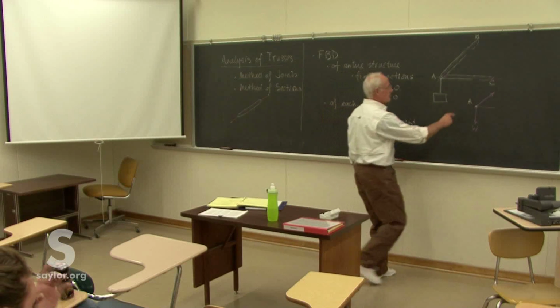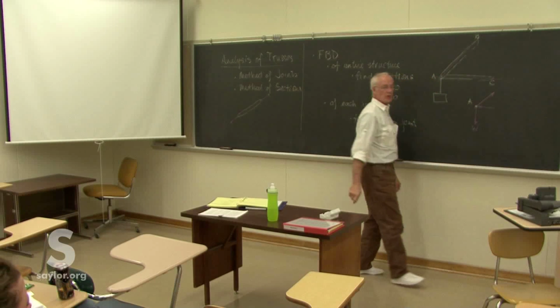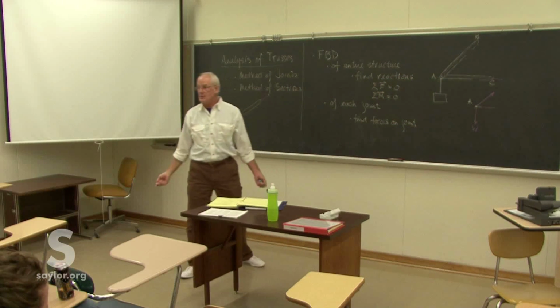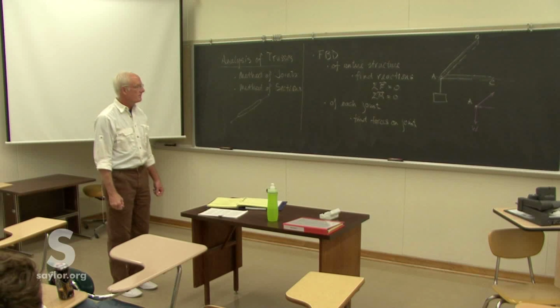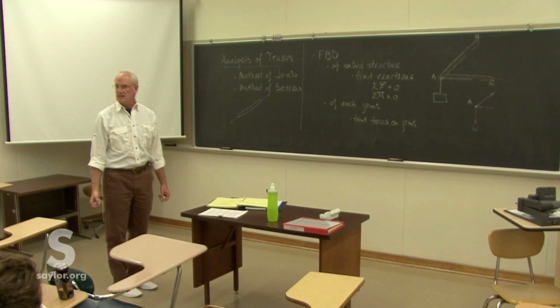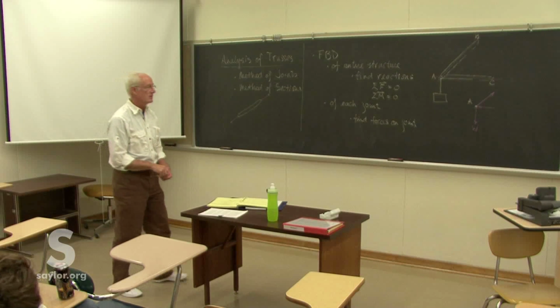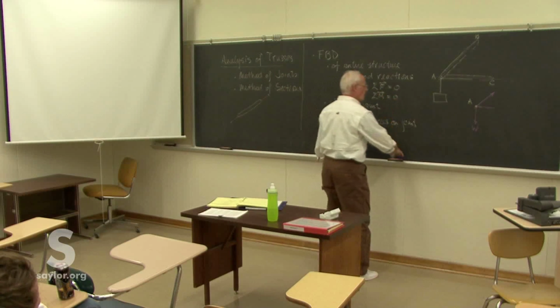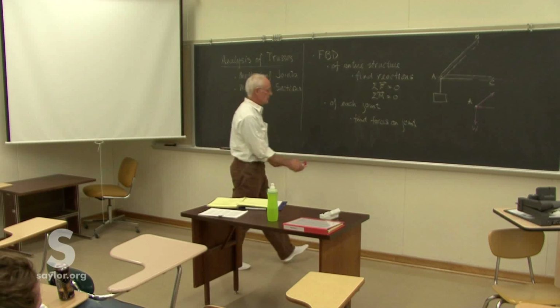Since I now have some right pulling force, I need some left pulling force, so I know that joint must go that way. That helps a lot. It just eliminates minus signs. If I don't know what the sense is, then you take a guess, and if you guessed wrong, you get a minus sign in your answer. But doing it this way, I can actually eliminate any minus signs from anything I'm trying to do here.